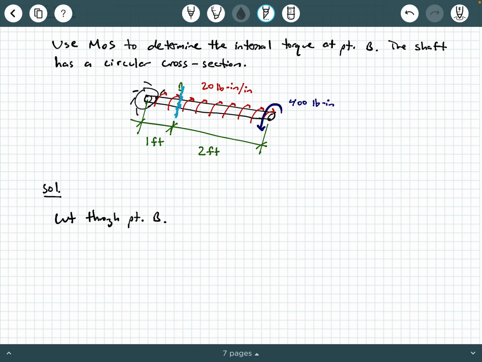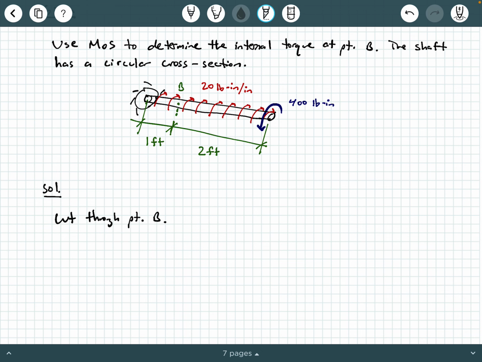Now, if you want to use the left side of that cut, what must you calculate first? You must calculate the torque reaction at the fixed connection first, okay? However, if you choose on the front end to analyze a right free body diagram, so that's a free body diagram on the right side of this cut, you don't need to solve for that torque reaction at the fixed connection.